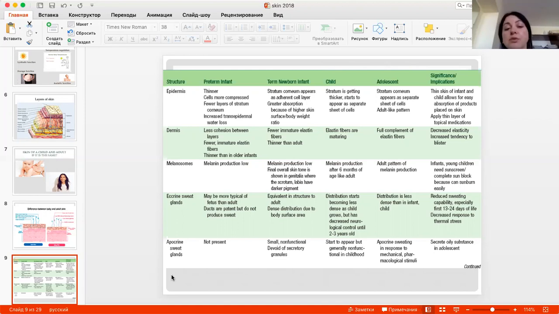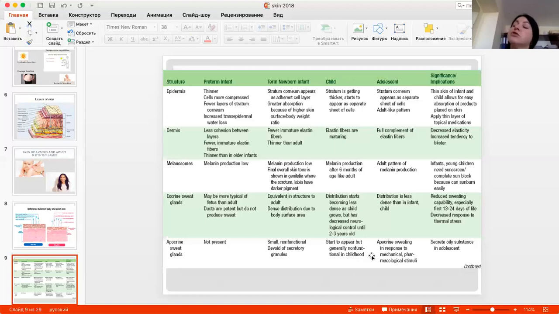I should tell that apocrine sweat glands finish their development in the teenager period only. That's why only after the teenager period can we say that all glands of skin are developed as in an adult. Before, no. Look, apocrine sweat glands mostly start to appear at the age of young child, from 2 years old to 7 years old, but mostly they are not yet functional.